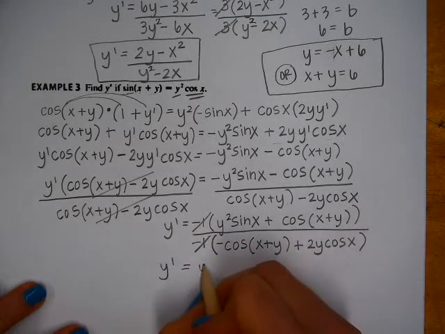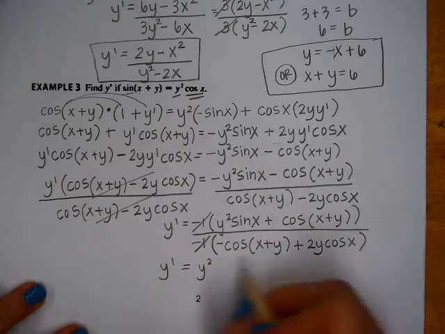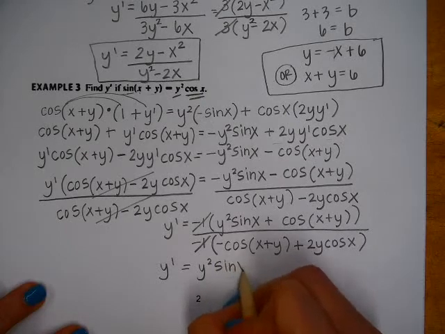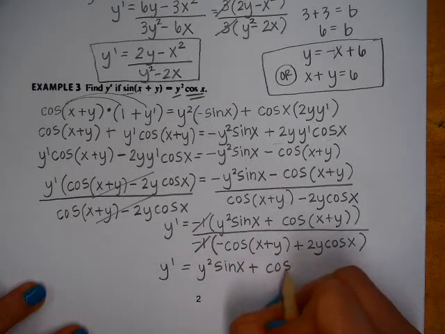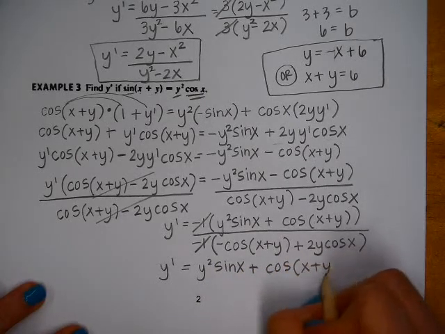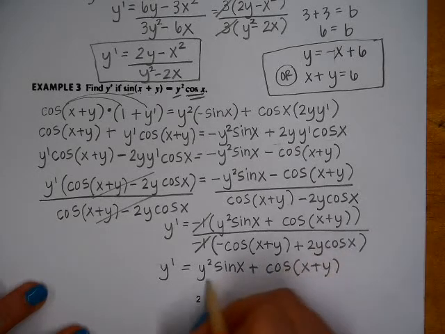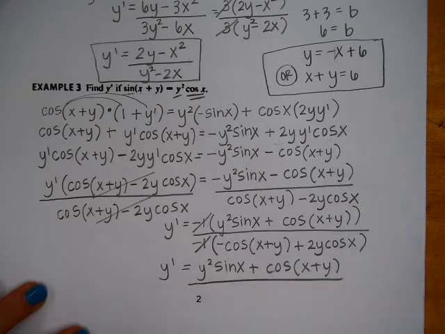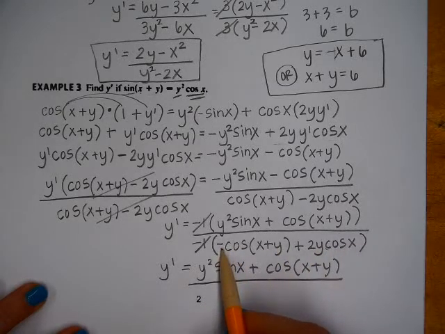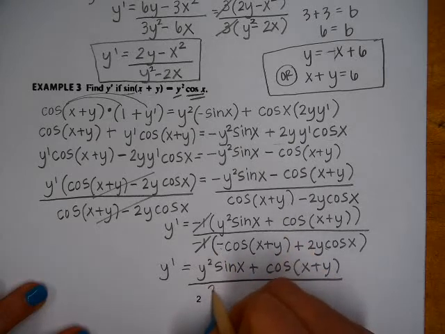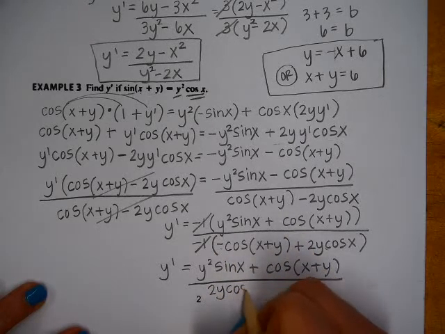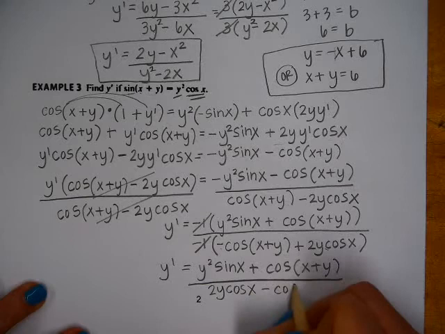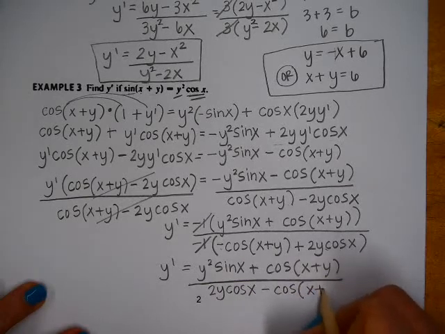So then that leaves you with y squared sine x plus cosine x plus y all over. And all they're going to do on the bottom is just flip-flop these so that you don't have a negative out in front. And they're just going to write 2y cosine x minus cosine x plus y.